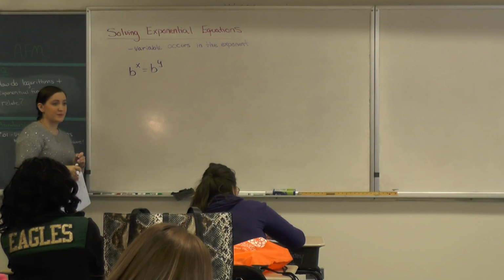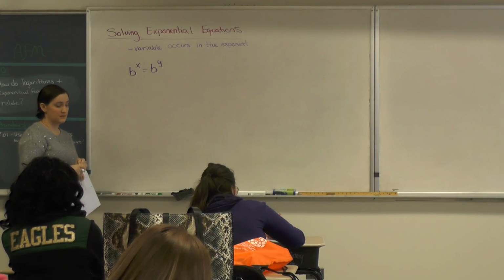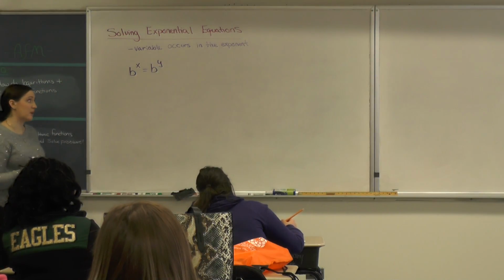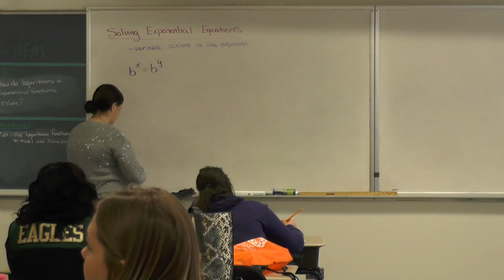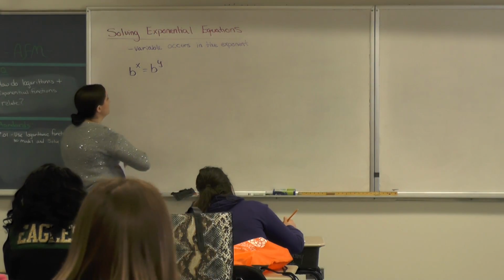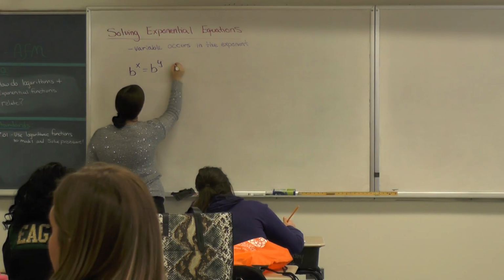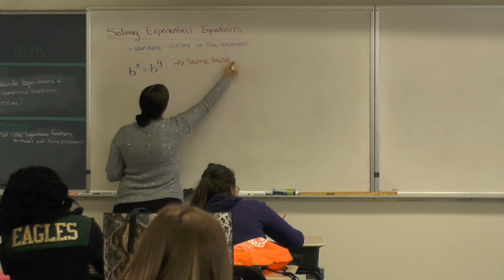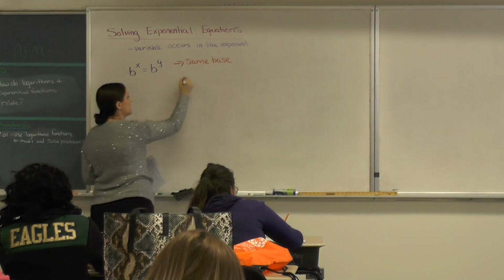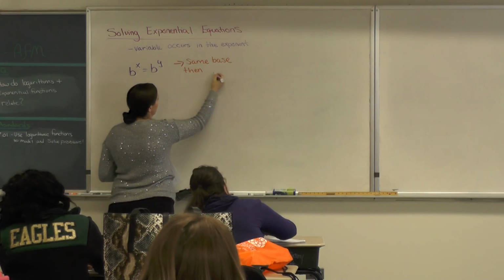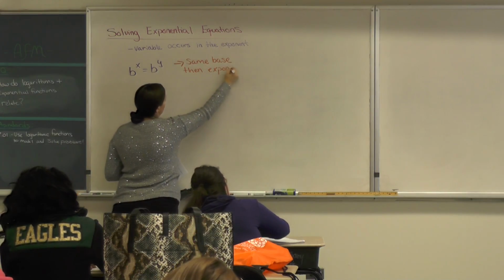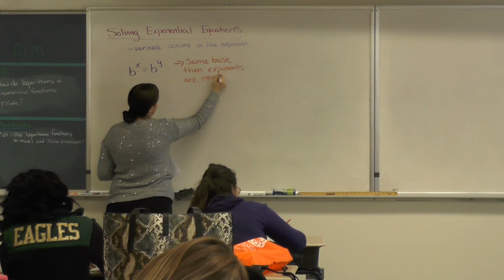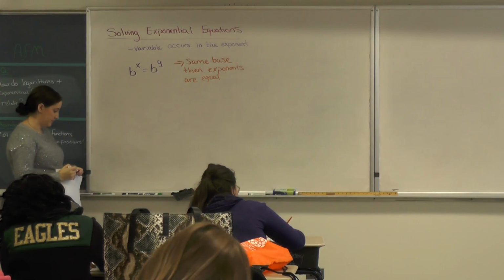b to the power of x equals b to the power of y. What is our base? B. Okay, so they both have a base of b. So they have the same base, then our exponents are equal.